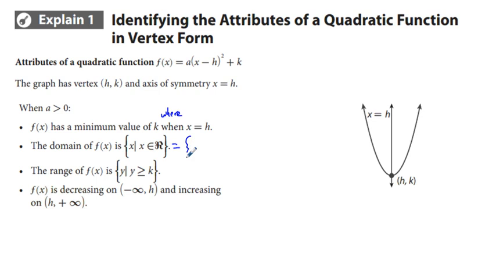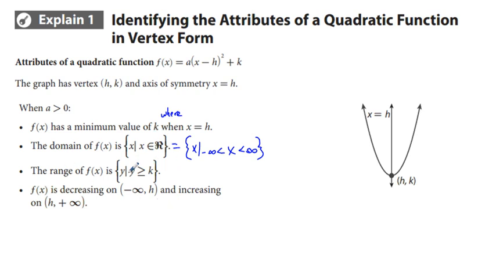In other places it is written as x such that x is greater than negative infinity but less than infinity. So that's another way of writing this. This reads: the domain of f(x) is x such that x is an element of all real numbers.